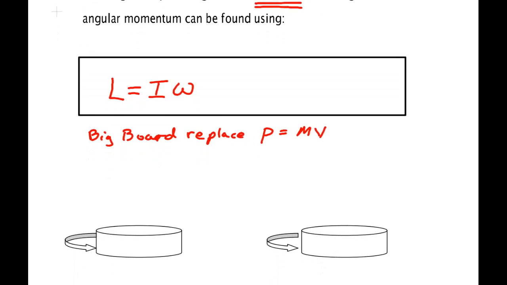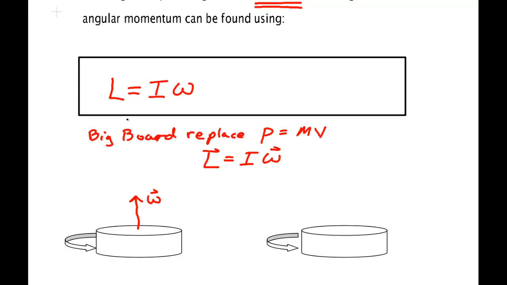Now, what this is saying is that L is I omega. That's just the magnitude. It says that the direction of this L and the direction of this omega are the same. So if you have an object spinning like that, and you wrap your fingers, your thumb points straight up, and that's the direction of omega.